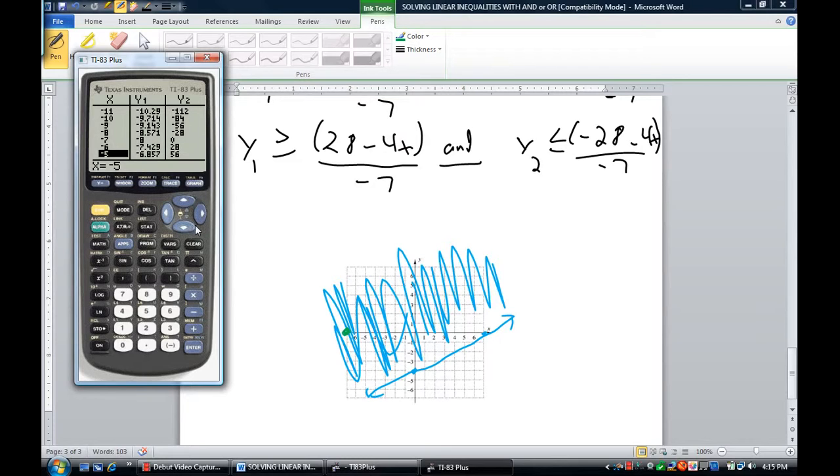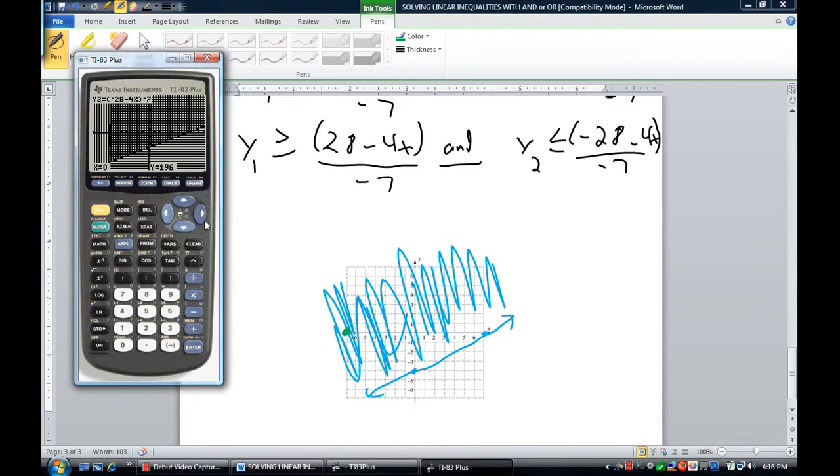And you know, I'm not getting anything that I like. So what I'm going to do is I'm going to hit trace. And watch what I did. Let me do this again. I hit trace, and then I hit up arrow. If I hit up arrow, it changes the equation.